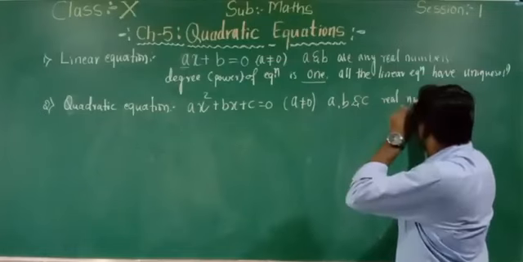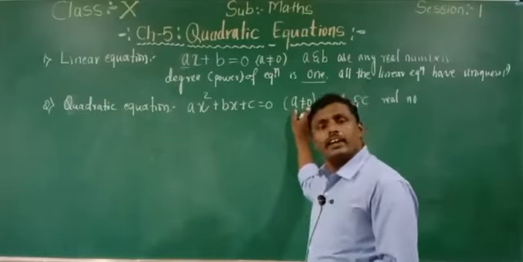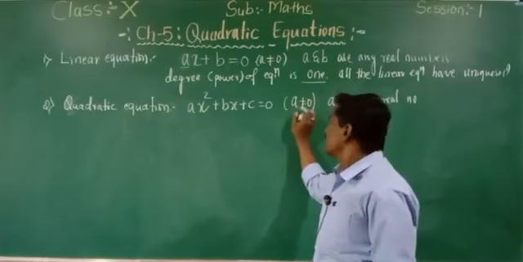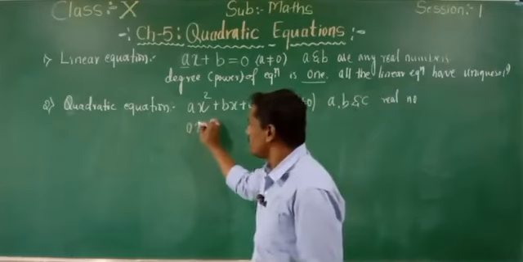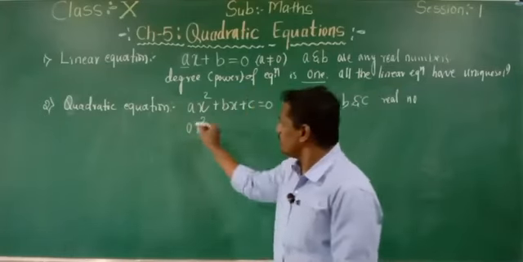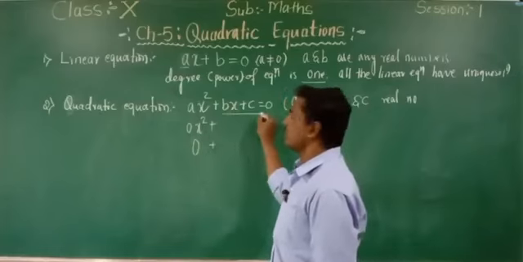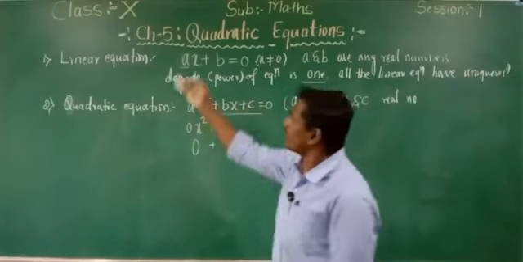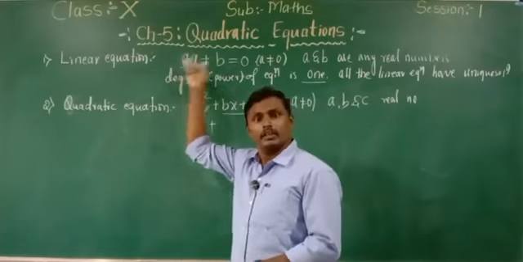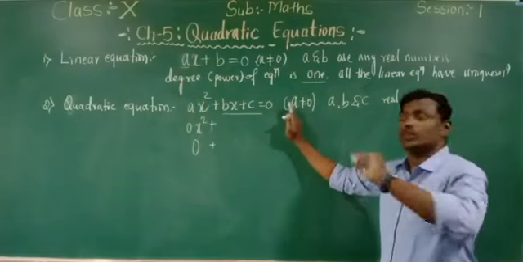Why are we taking a is not equal to 0? If I take a is equal to 0, then 0 into x square becomes 0. So what is the remaining part? Bx plus c, which is nothing but a linear equation. That's why we are taking a is not equal to 0.